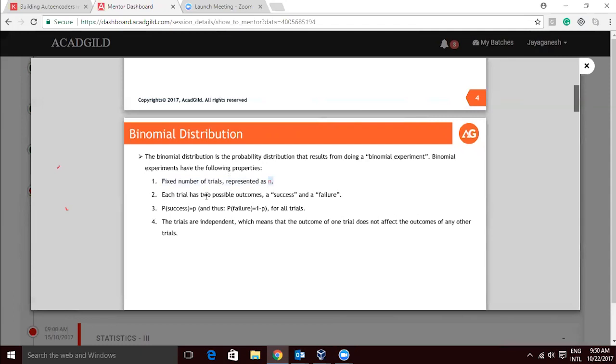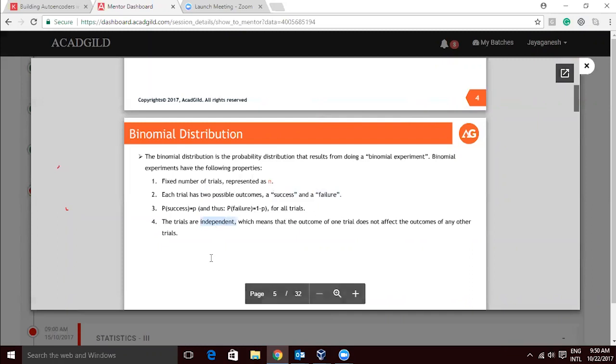It strictly follows the Bernoulli distribution, so each trial has two possible outcomes, either a success or a failure. The probability of success is p and the probability of failure is 1 minus p for all trials. And all trials are independent. Assume that we have 5 samples, and the second sample is independent of the first, third, fourth, and fifth samples.